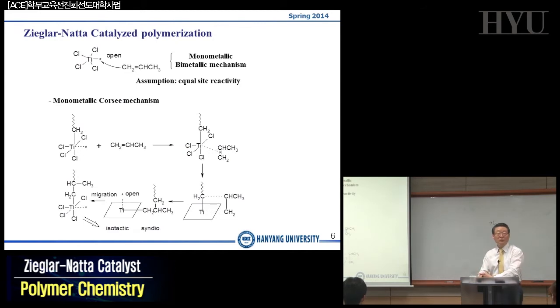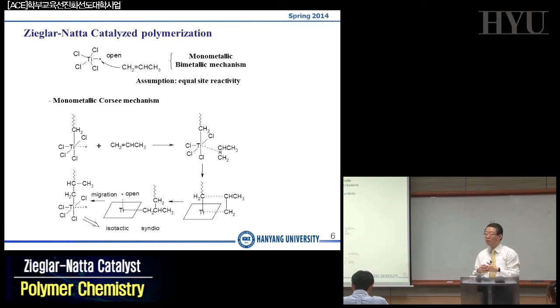So if you go back to the Ziegler-Natta catalyst, I'll introduce to you the mechanism of what has been done for the last several decades on the Ziegler-Natta catalyst. Okay. Still, it's not very clear; there are a lot of theories about the Ziegler-Natta catalytic mechanisms. Although Ziegler and Natta developed the catalyst to make HDPE, high density polyethylene, or to control the tacticity, the mechanism was still not very clear at the time.